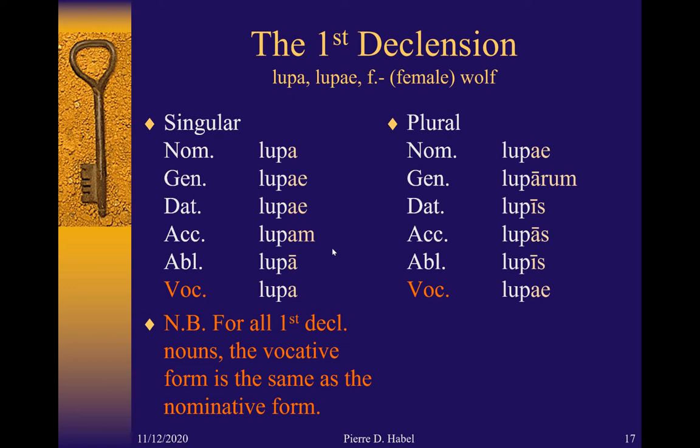When we add the vocative case forms in at the bottom of that chart, we now have 6 forms. The really nice thing to notice about the first declension, and it is kind of reassuring, is that for all first declension nouns, the vocative form is the same as the nominative form.